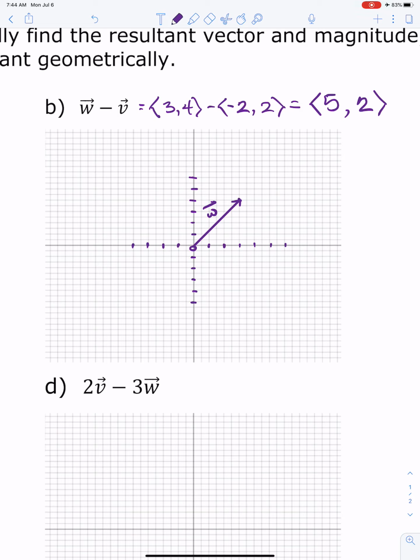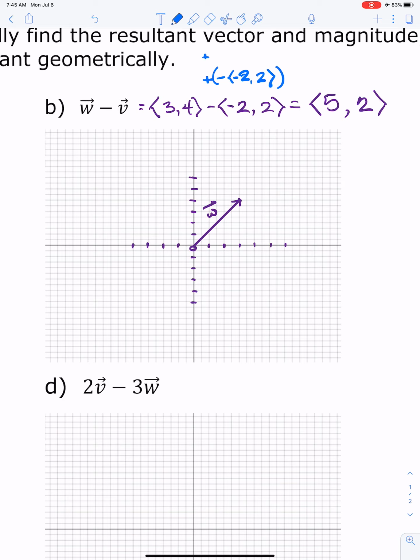So v was negative 2, 2. If I'm subtracting that, it's the same as adding the opposite. Sometimes it's a struggle.